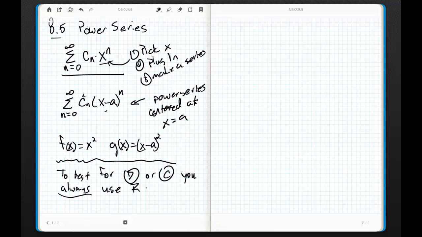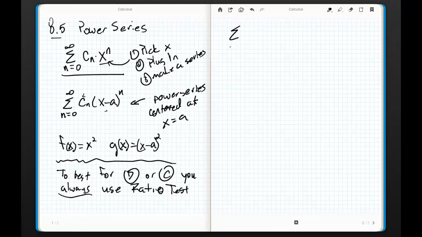In other words, there is only one test for convergence, the ratio test, which is great. So if you identify a power series, you've got to figure out whether or not it diverges or converges, it's a no-brainer. It's always the ratio test.